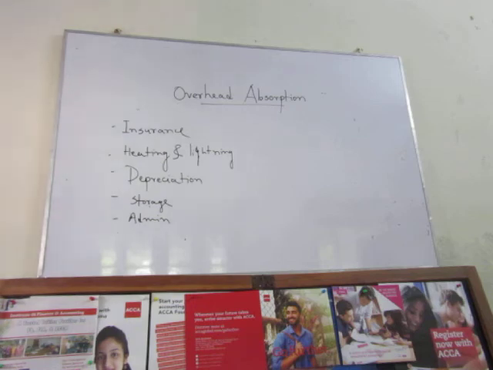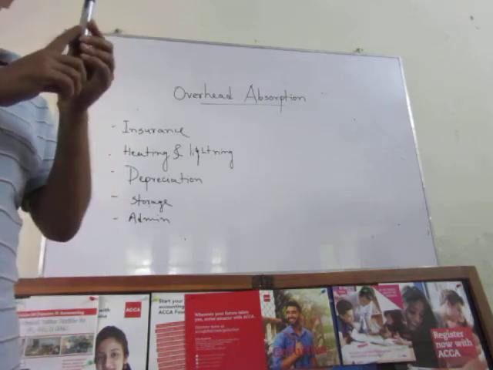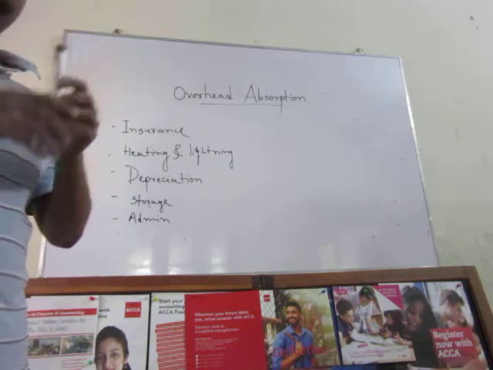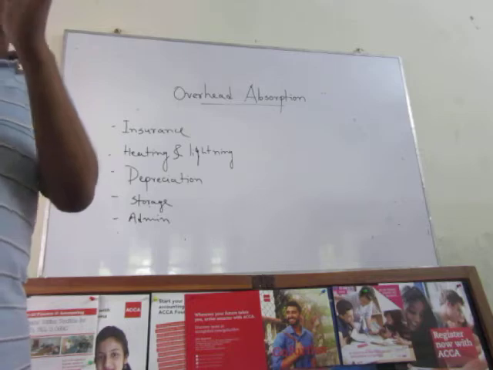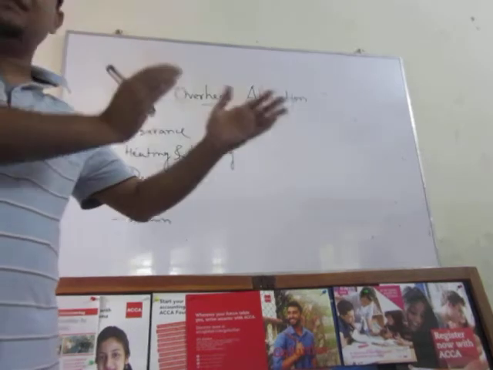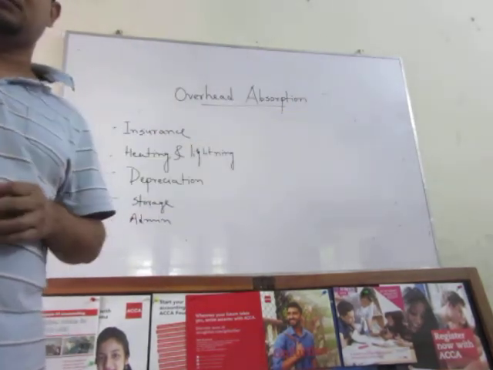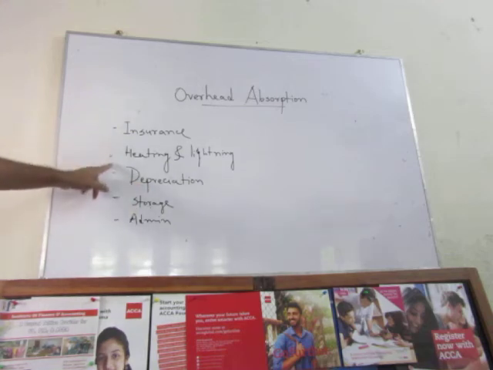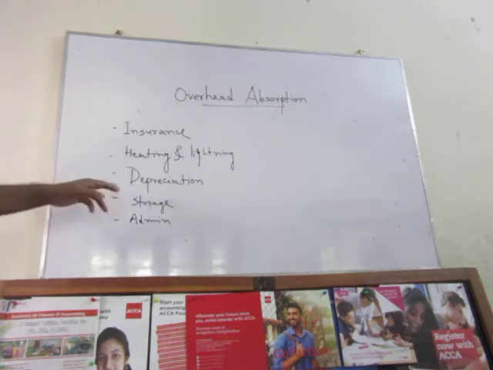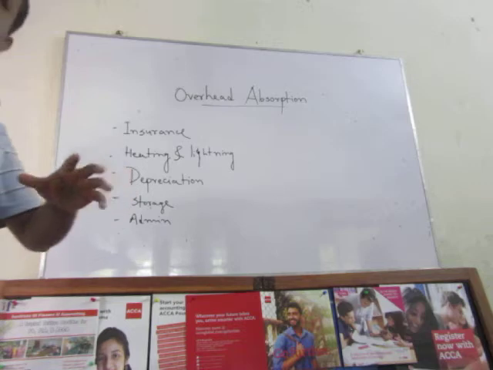What is the problem? Direct costs are directly related with the finished item, finished unit, or you can say cost unit. So we can identify how much cost each individual unit should have. But insurance, heating, lighting, warehousing, depreciation are also costs.